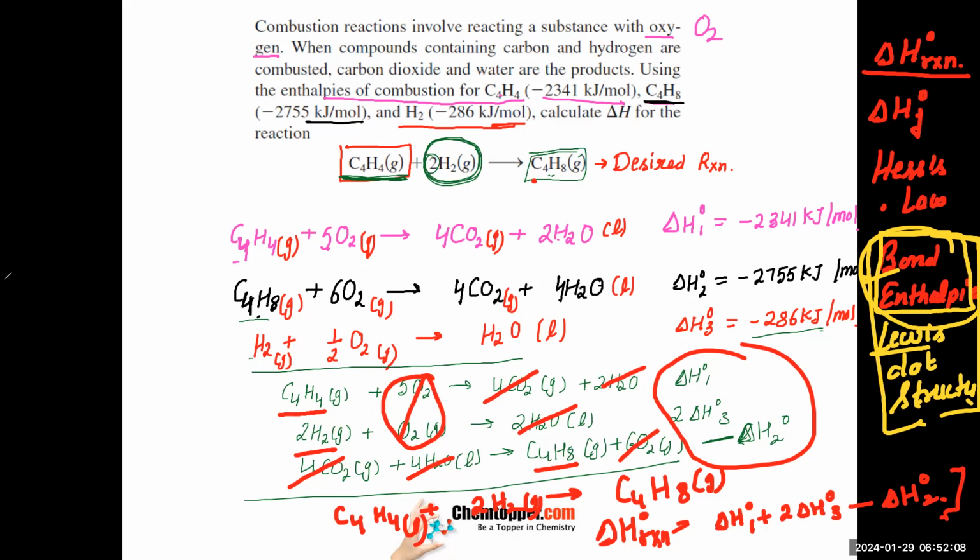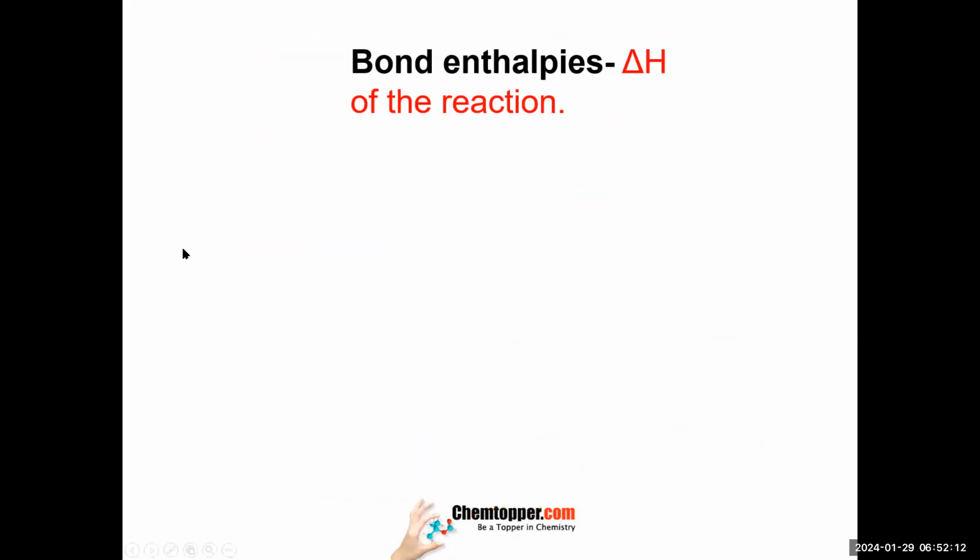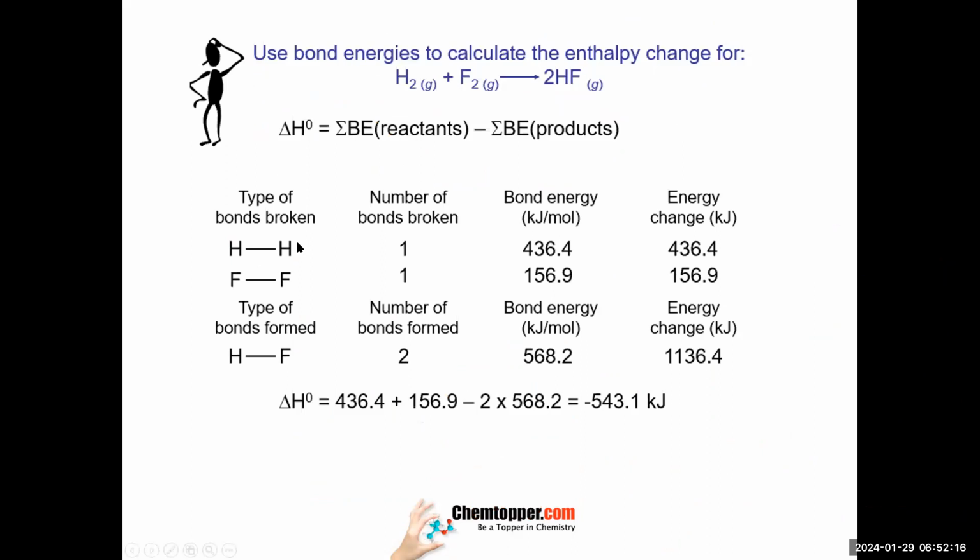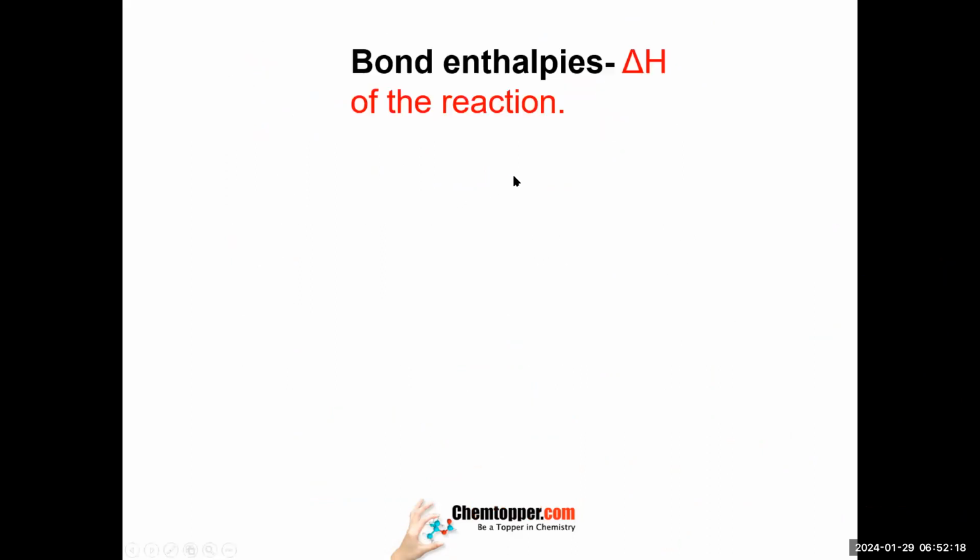Okay. So we are going on to the third concept, that is bond enthalpies. How to use bond enthalpies to calculate delta H of the reaction. Okay, let's try to understand. So I'm making an energy profile. You know how to draw the energy profile.